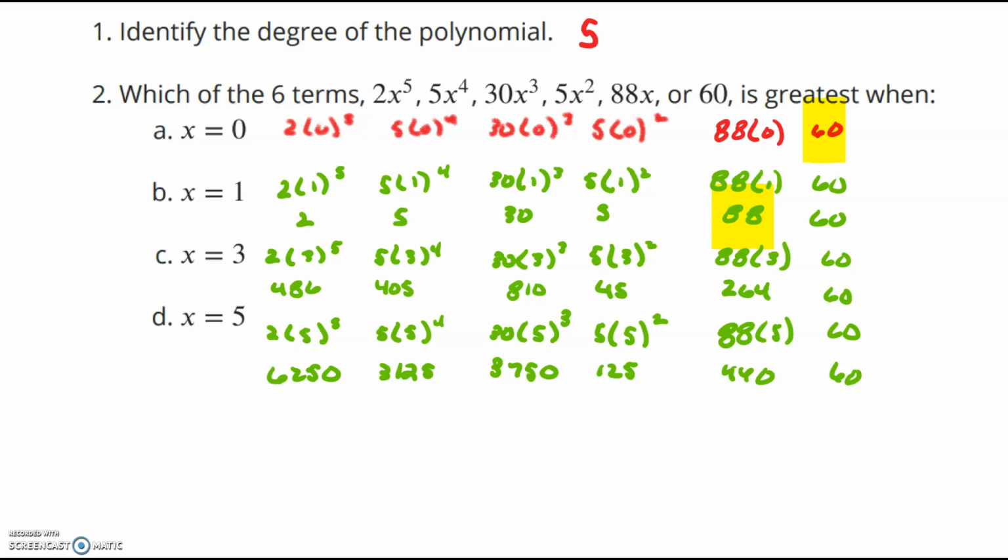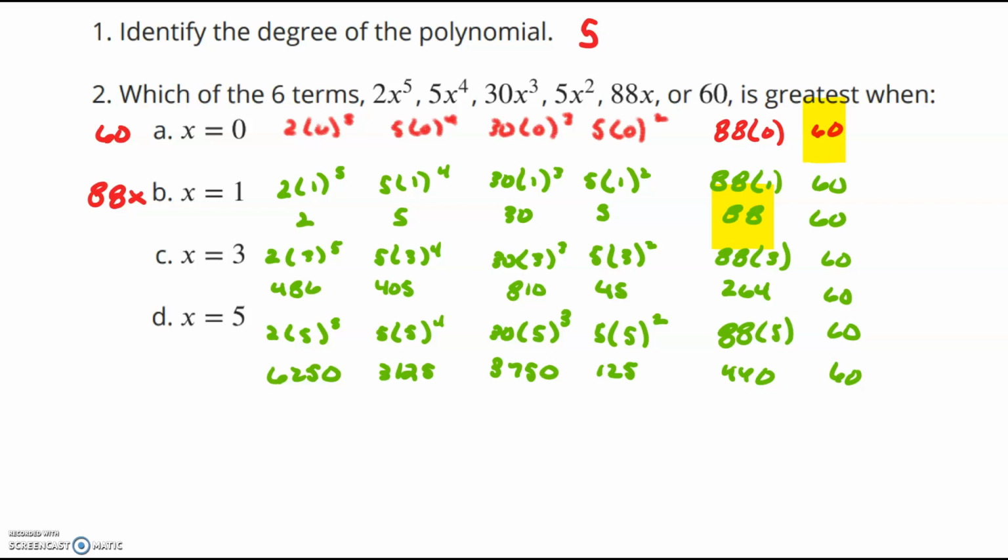So for part A here, the term that was greatest when x was 0 was the term 60. For part B, the term that's greatest when x is 1 is the term 88x.